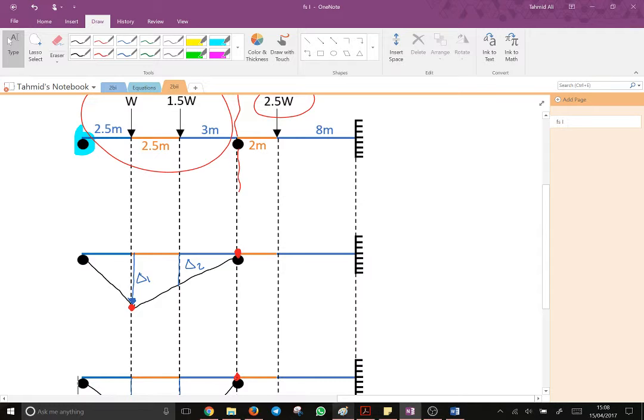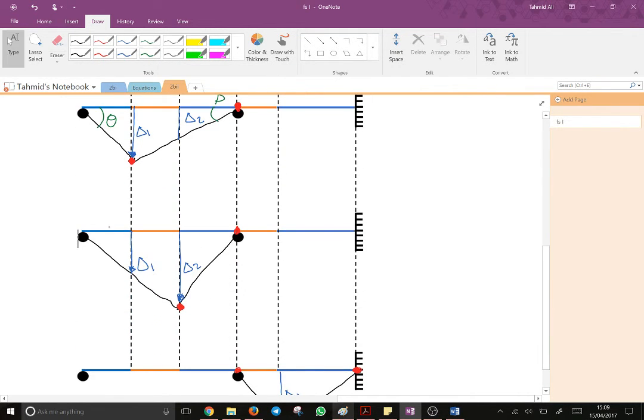So I'm also going to add the angles that these loads create. I might denote that in a different color. So here we have alpha, let's call it alpha, theta, and this here, let's call it beta. Same for these ones.